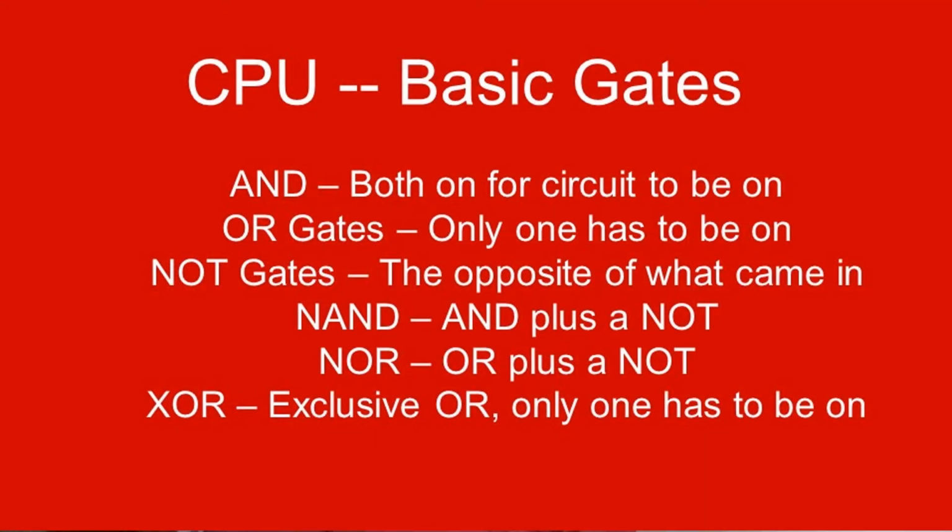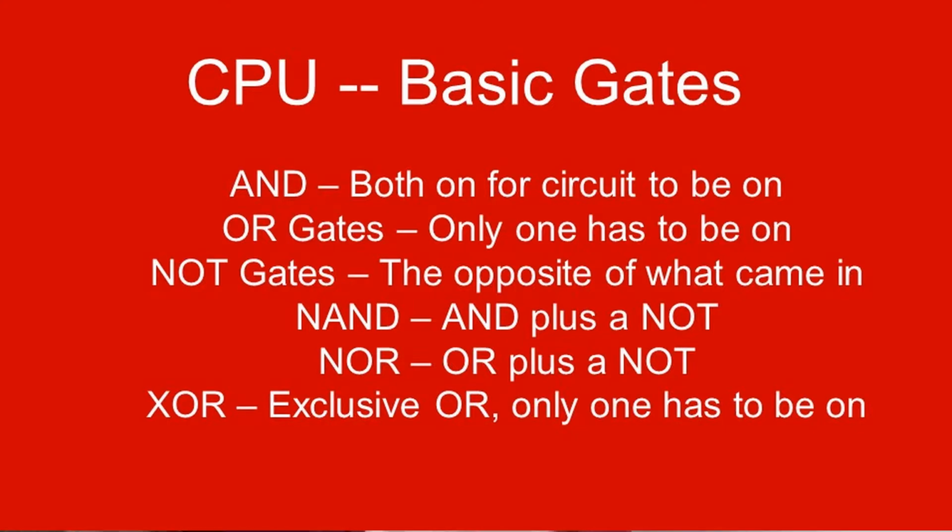And so an AND gate is if you have 2 switches, and if both are flipped on, then power gets through, and the gate is now considered on as well. If one switch is on and one is off, then it's off. The gate is off. Power doesn't get through. If this one's off and this one's on, power doesn't get through. If they're both off, obviously there's no power anywhere to come from. So that's your AND gate.